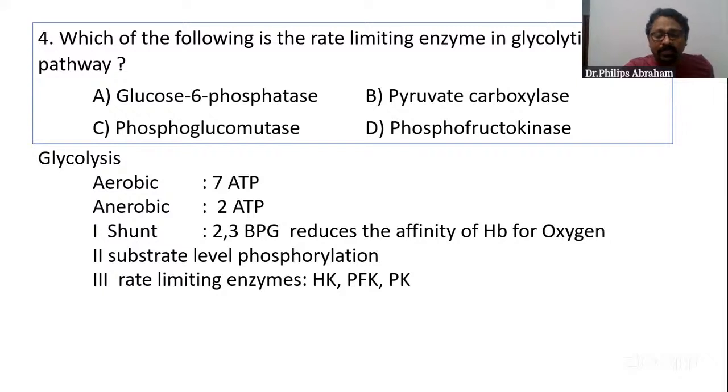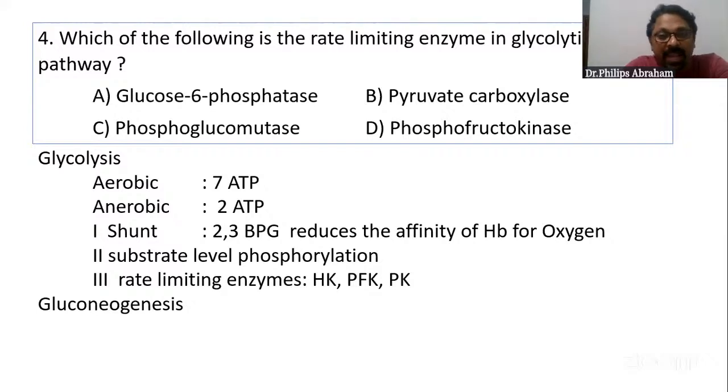Okay. In the same way, the question can be asked about other pathways also. A pathway called gluconeogenesis is about the synthesis of glucose whenever we are in need of glucose. We have 4 enzymes: glucose 6-phosphatase, fructose 1,6-bisphosphatase, phosphoenolpyruvate carboxykinase, and pyruvate carboxylase.